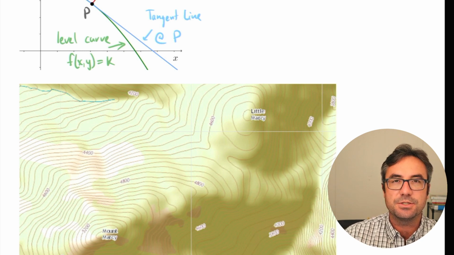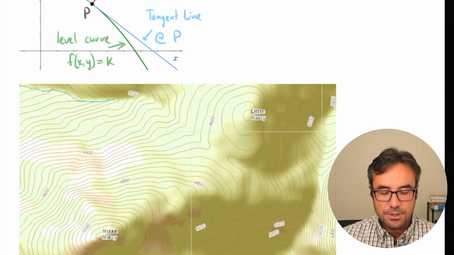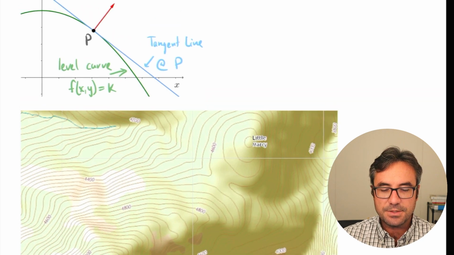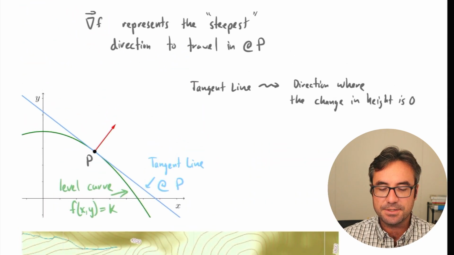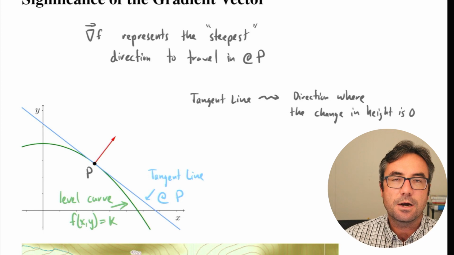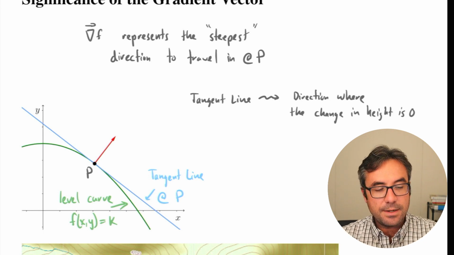Your elevation isn't changing, so there's no vertical gain. That's what the tangent line is telling us: if we walk in that direction at this specific point, our change in height is going to be 0.